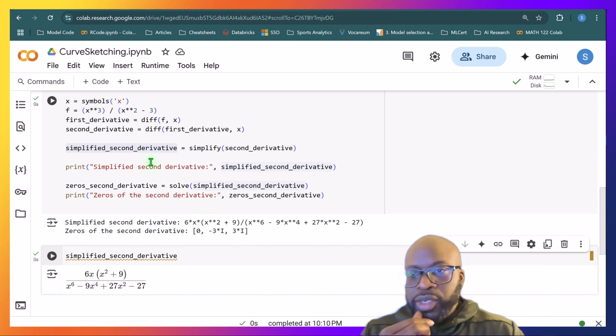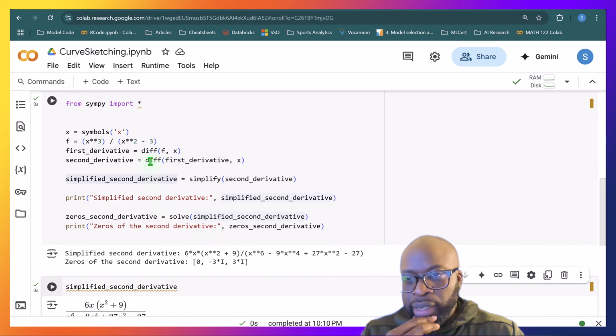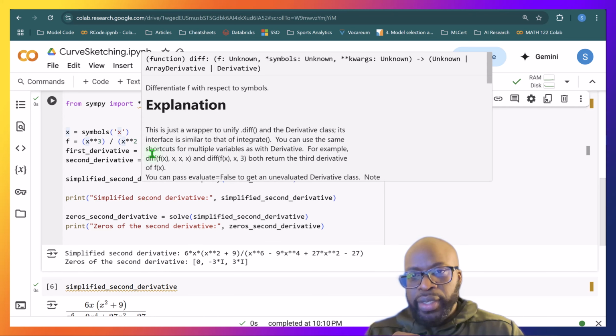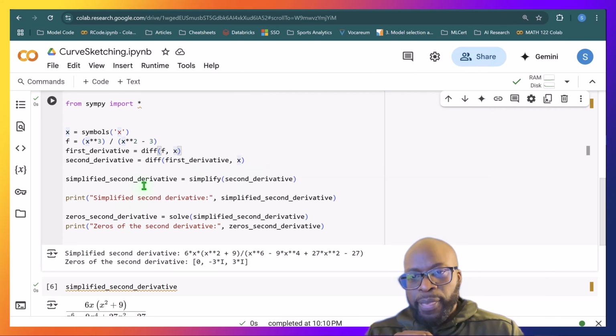Okay, so key things with SymPy is diff means derivative of f with respect to x, right? So knowing that x is a variable of differentiation, okay? And again, right here, this tells us some of the syntax of how the diff function works, okay?